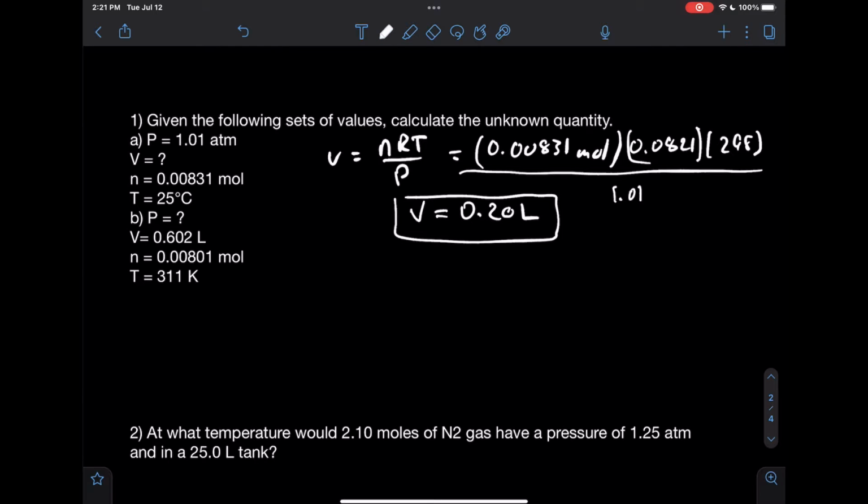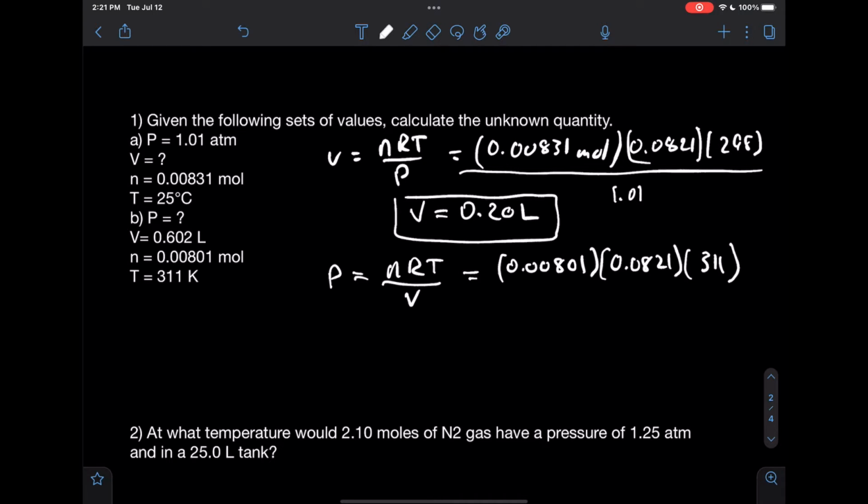Now for B, we are given the volume, the amount of moles, and the temperature in Kelvin. We're trying to find the pressure. So rearranging the equation, we know that pressure is equal to nRT divided by V. If we plug our numbers in, we have 0.00801 times our gas constant, 0.0821, times our temperature, 311.